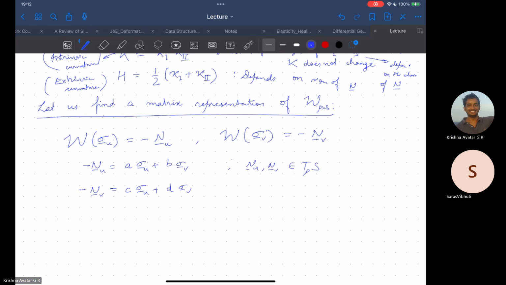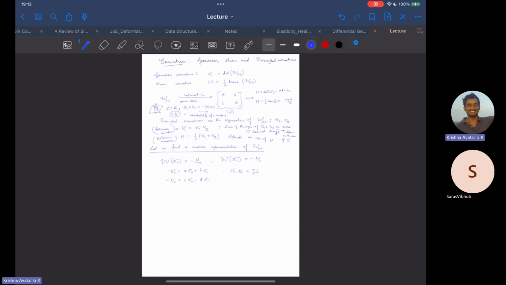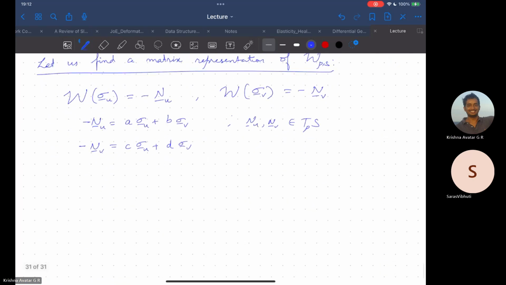So what we do now is take this as 1, this as 2, and take the dot product of 1 with sigma u.